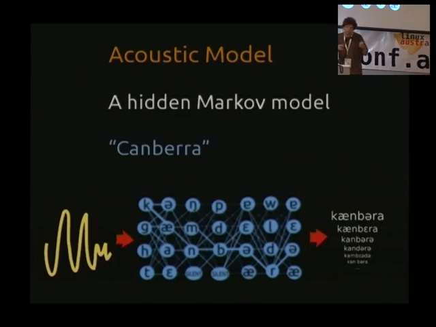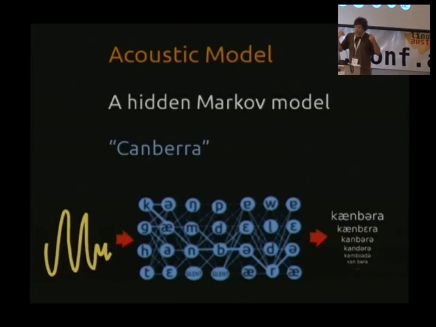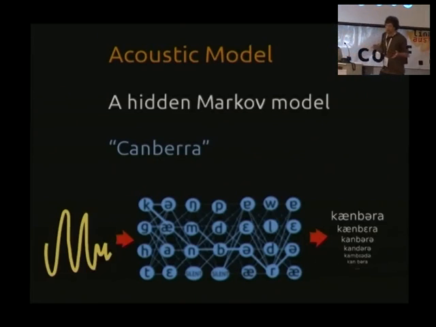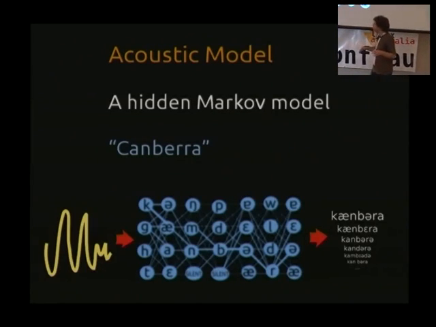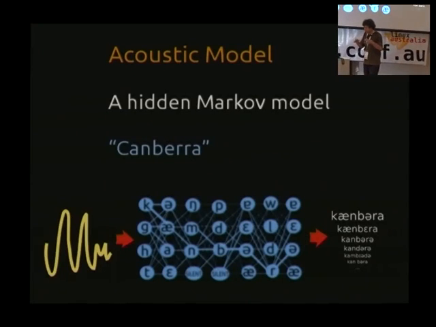And hidden means that the evidence that you've got for it isn't direct. From hearing the sound, you don't know directly what the phonemes are. Almost everyone uses this to model speech. There's a whole lot of new algorithms, which if I've got time at the end I might talk about, but they kind of use a hidden Markov model anyway.